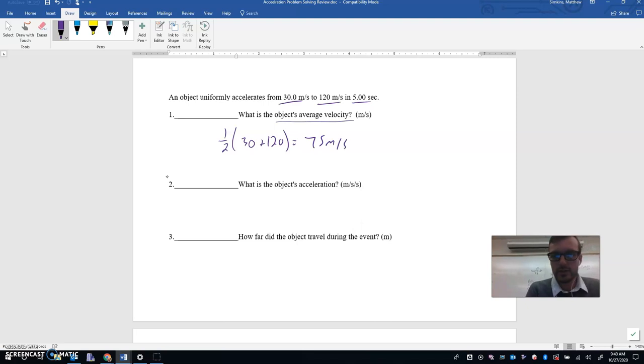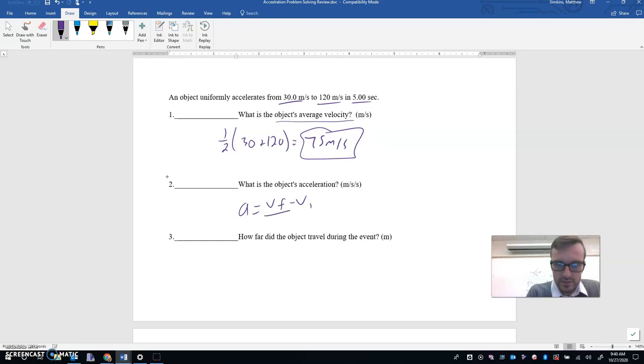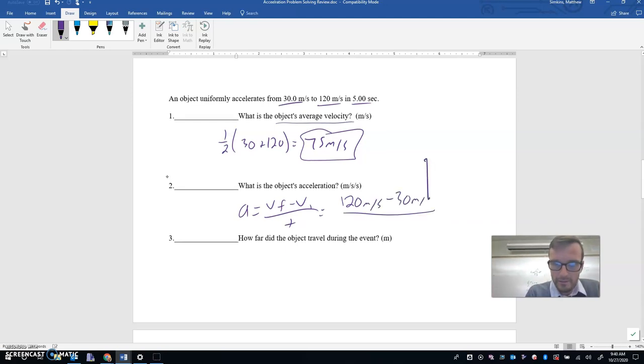So that's our average velocity for that first part. What's the acceleration? We can calculate that. Acceleration is VF minus VI over T. So it goes to 120 meters per second from a speed of 30 meters per second over 5 seconds. And so that would be 90 over 5, or 18 meters per second squared.